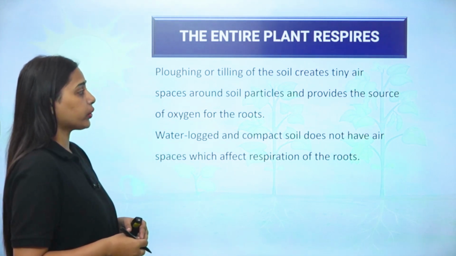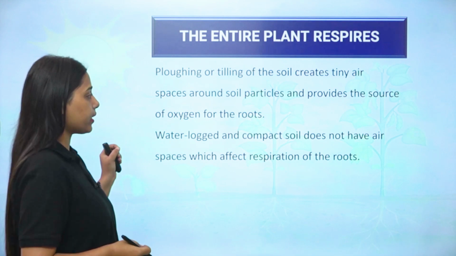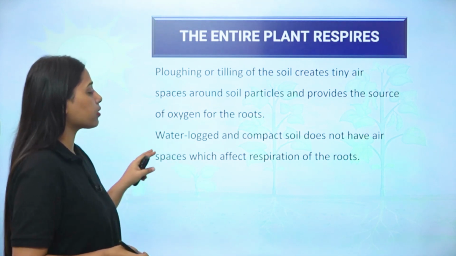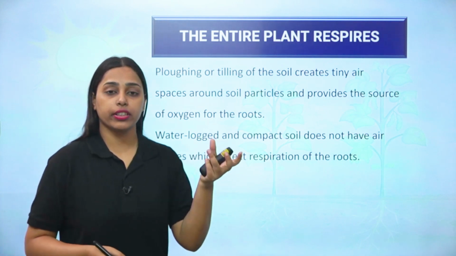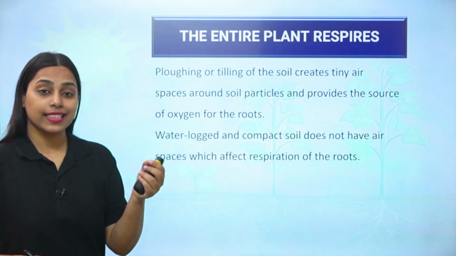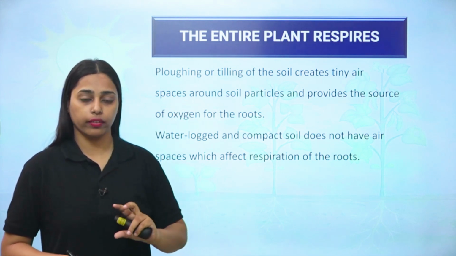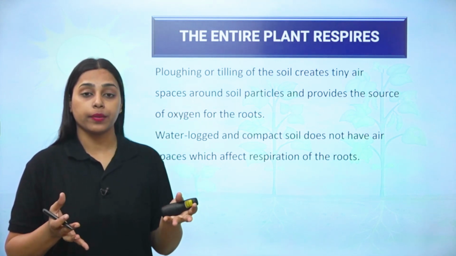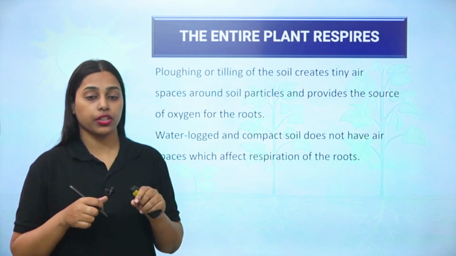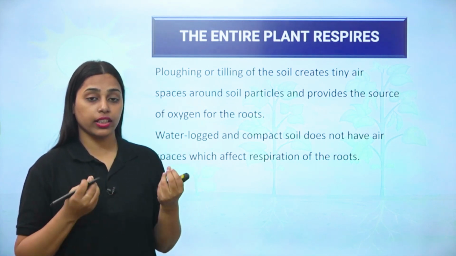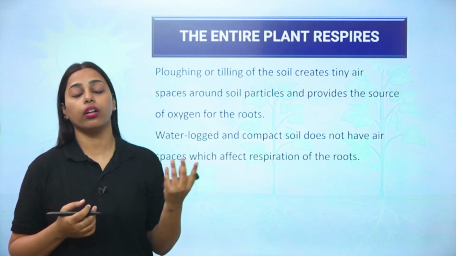Plowing or tilling of the soil creates tiny air spaces around soil particles and it provides a source of oxygen for the roots. So till now we were discussing the single cell, but here all the cells are involved in respiration. In a plant body, all plant structures, even a single root cell, are involved in respiration.